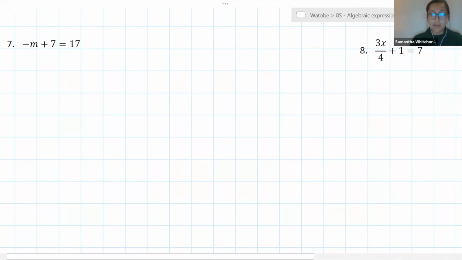Does anyone want to put their hand up to explain question 7? Or how they got their answer for question 7? It is quiz night tonight. That's why I want to wrap up these two so you can get started on that quiz. Oh, Theo, well done.